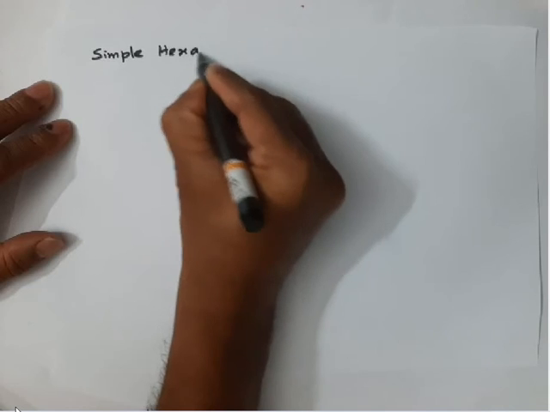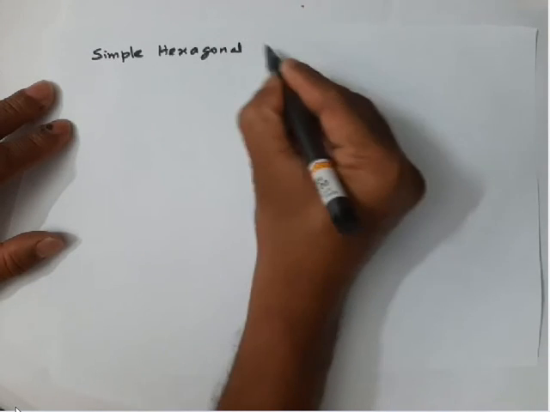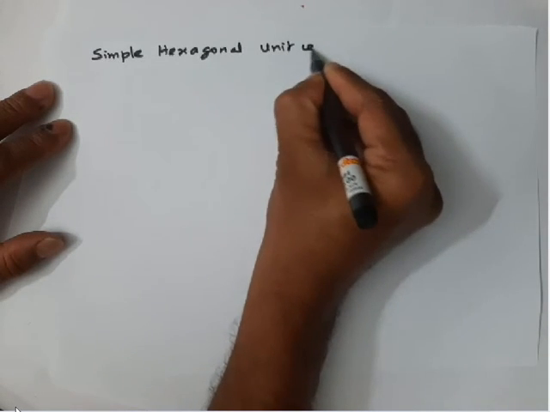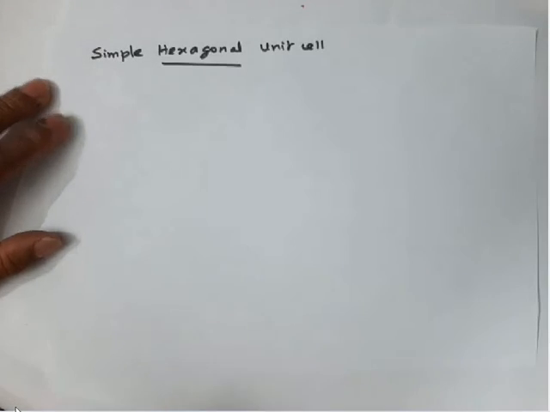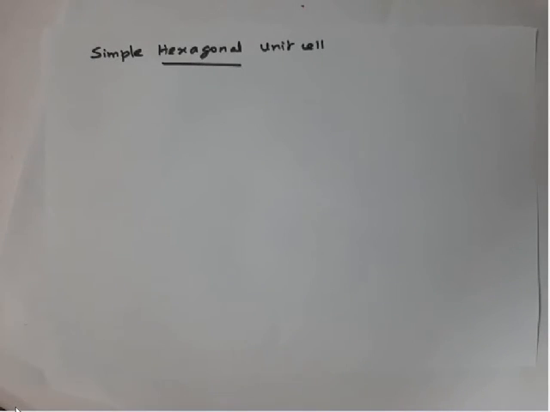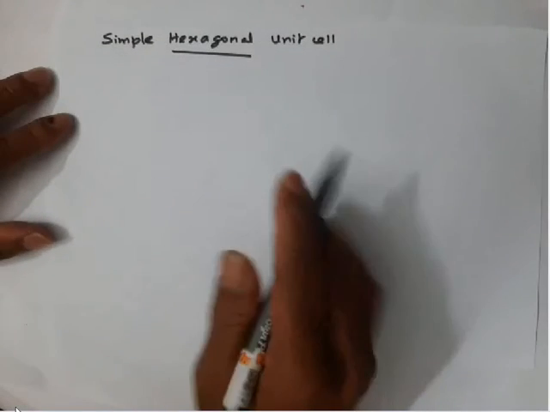Simple hexagonal unit cell. I am taking the hexagonal unit cell, okay, not cubic, hexagonal. In the hexagonal type, simple means, listen, this is how the simple unit cell will look. Let me draw here.